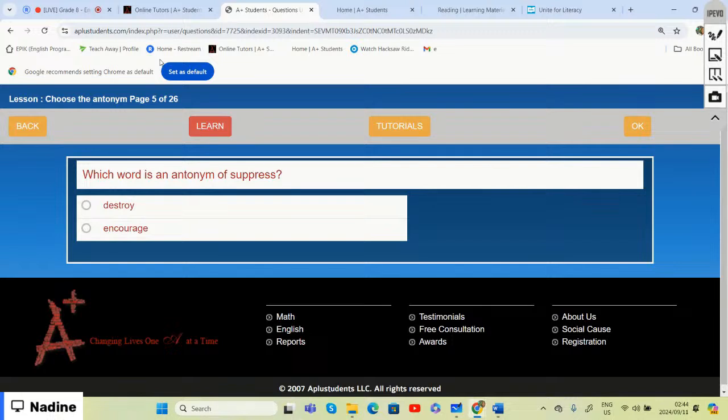What is the antonym of suppress? Is it to destroy or is it to encourage? Suppress. Is it to destroy or encourage?